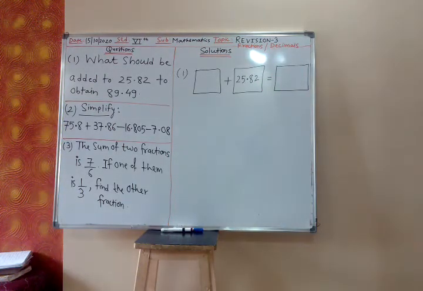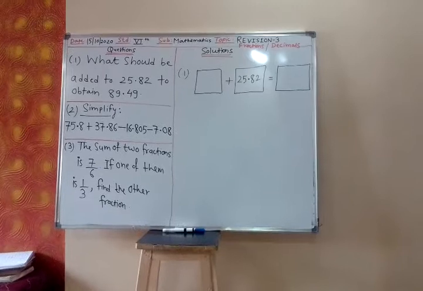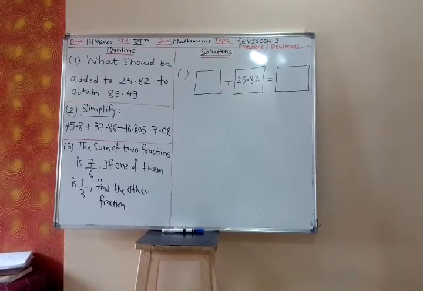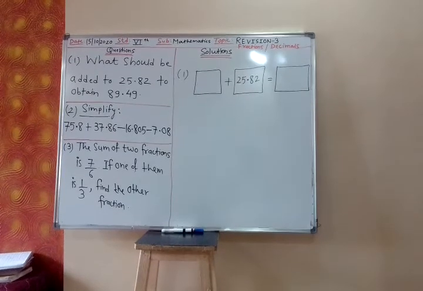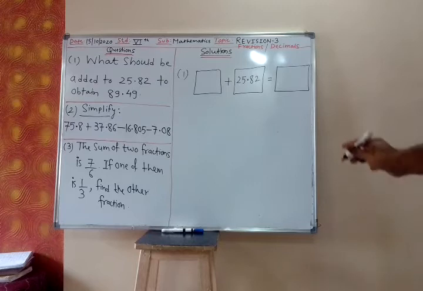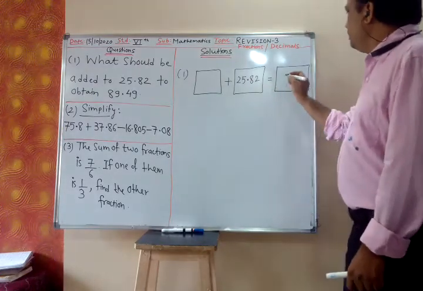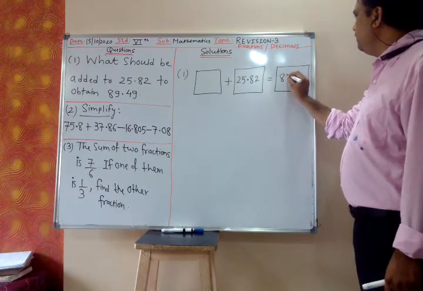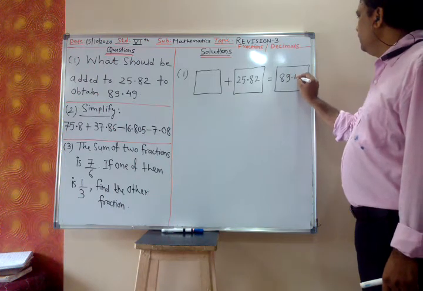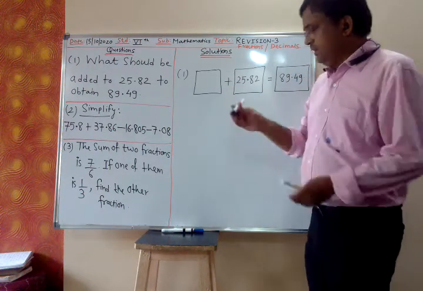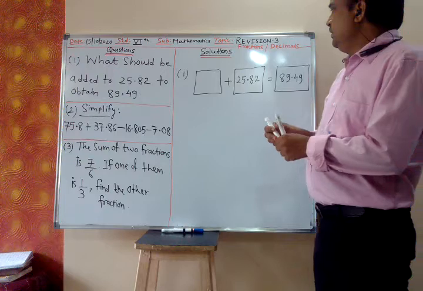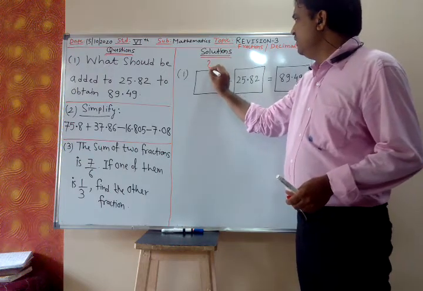X sum. Yes, we will do X sum. What should be added to 25.82 to obtain 89.49? Now what should be added means we have to find this. Which number we are adding?